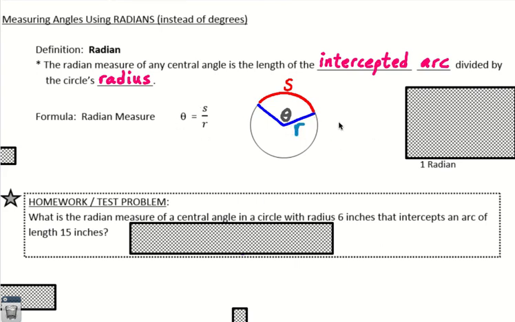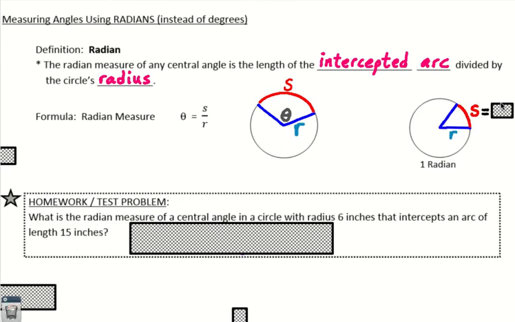Basically what it's saying is, if you were to put some angle in the middle of a circle, or if you drew a circle around your angle, you could get your measure of radians by using the radius of whatever circle you drew and the arc length, and pretty much do this. So this is kind of like a magic formula that can give you radian measure. S divided by R.